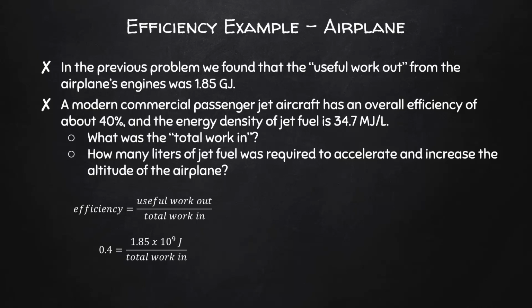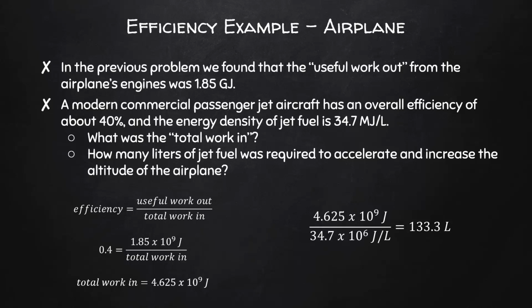This equals the useful work out of 1.85 times 10 to the 9 joules, divided by the total work in. Using this equation, we can find that the total work in must have been 4.625 times 10 to the 9 joules. The last question is kind of just for fun. How many liters of fuel do we need to add up to 4.625 times 10 to the 9 joules if each liter has 34.7 megajoules of energy in it?